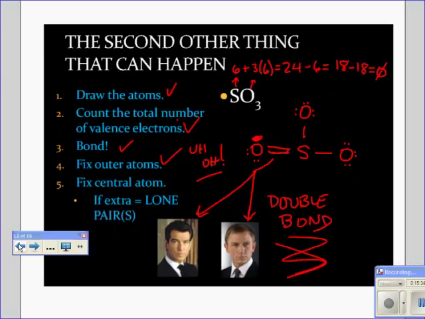The other thing that happens that makes this unique is that I put that double bond on the sulfur and oxygen bond going to the left. I didn't necessarily have to do that. That's weird. I could have put it here.